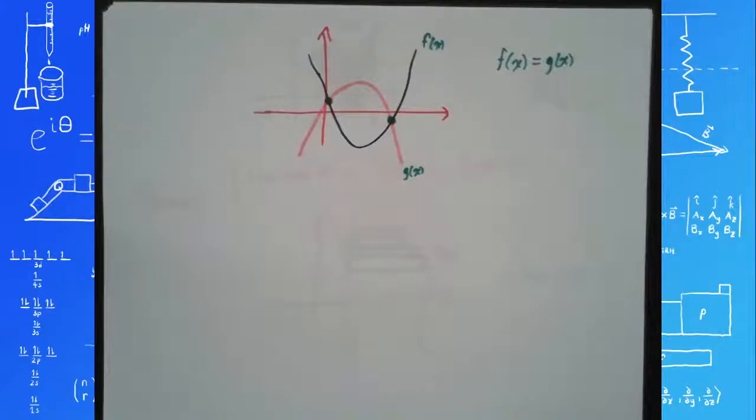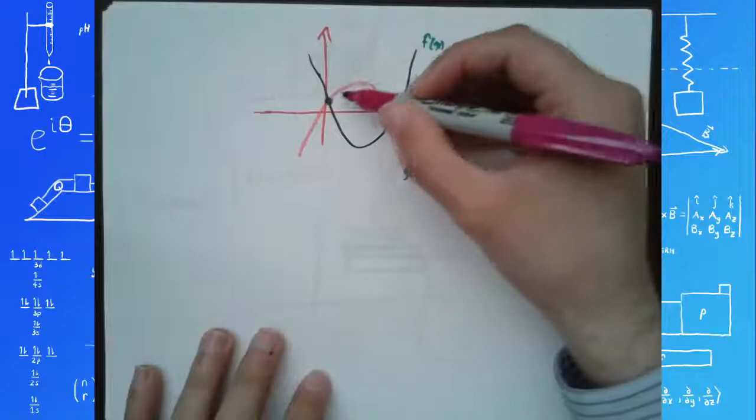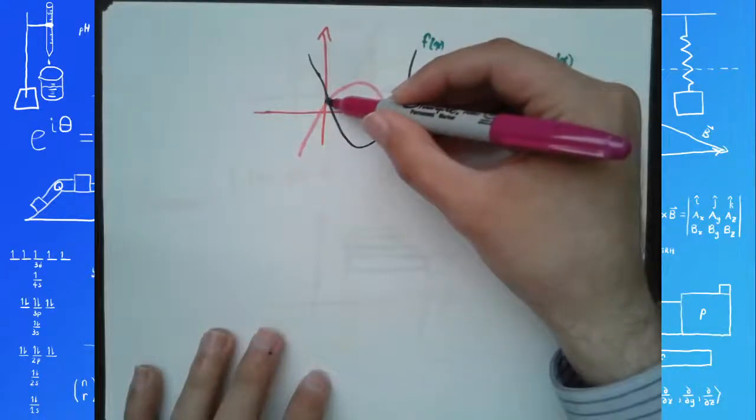If you were told specifically to do this one by integrating with respect to y, this would be quite the nasty problem, because with respect to y, you'd be doing strips laid out horizontally.